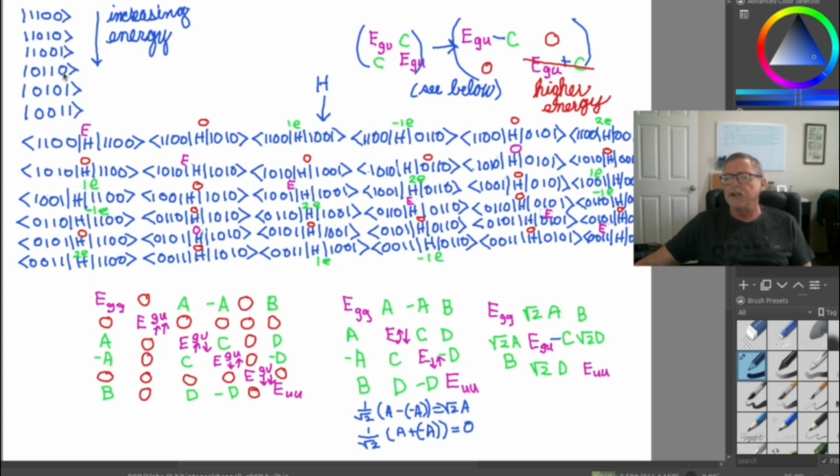And all these are intermediate states that get there. Here's where it gets a little complicated. I've got a bunch of zeros here. And let's see if we can walk through some of the zeros and give you the idea. I walked through every single one of these and found out what I needed to know.